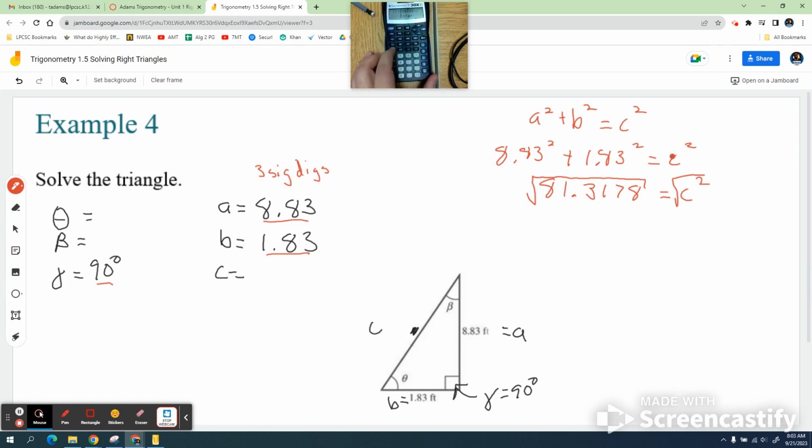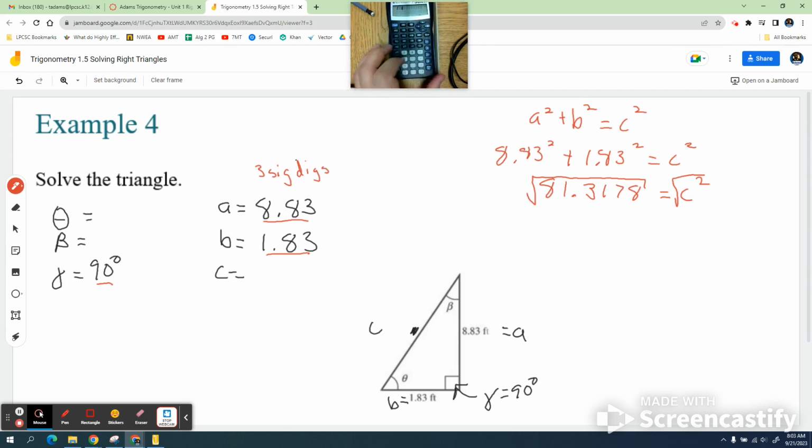So I'm going to take the square root of 81.3178. This is so hard because I can't see it. Oh, I'm hitting the wrong thing.